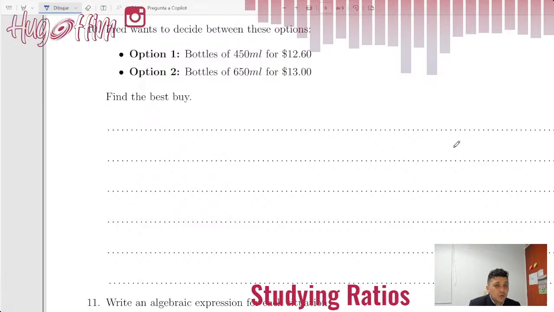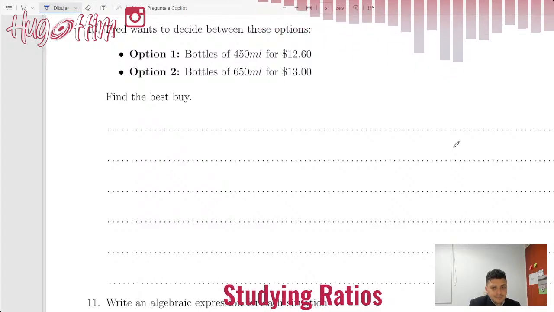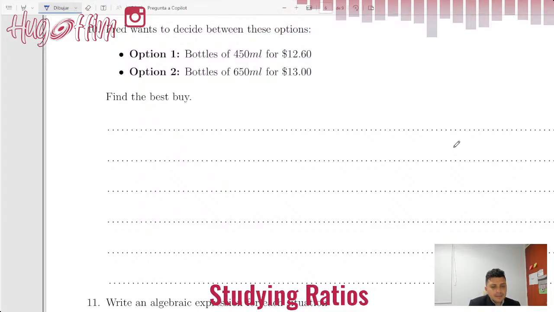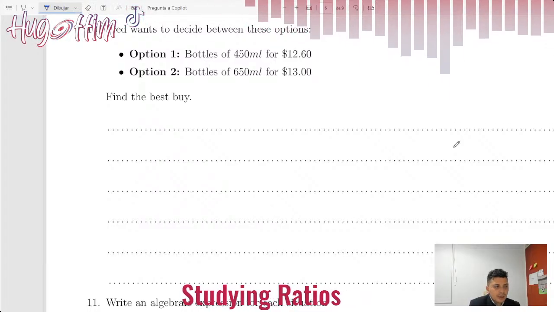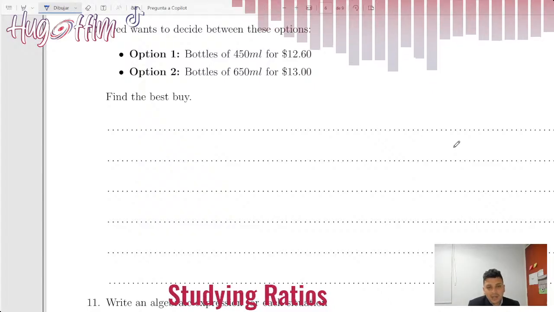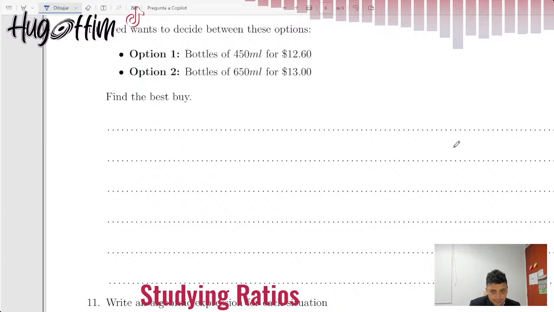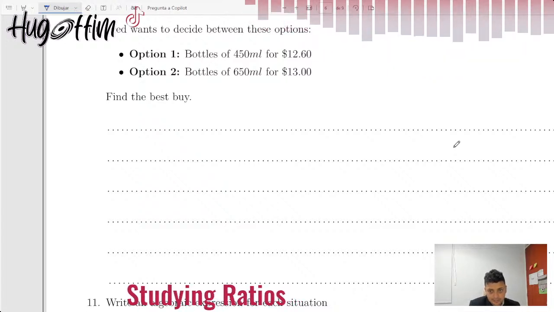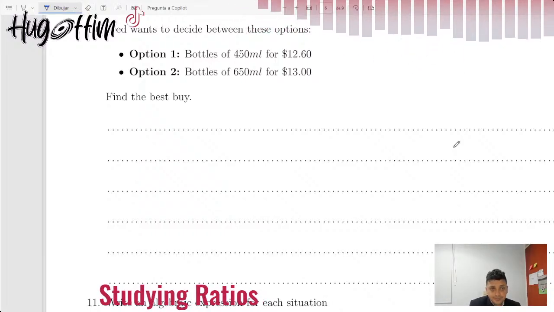I'm going to show you one of them, but it's not the only one. You decide which one is the best for you. I'm going to show you using inequalities or using the unit rate. Now this is the idea. Okay, let me see if it works.